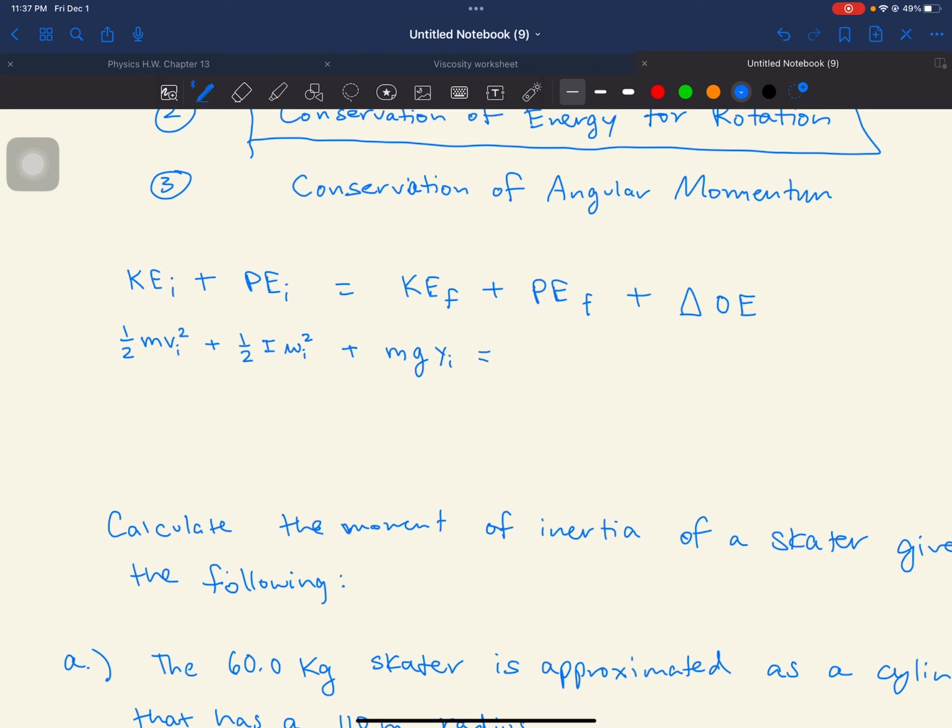Again, on the right side, if there's translational kinetic energy, which is if the object moves forward or backwards, it'd be 1/2 m v_f squared.